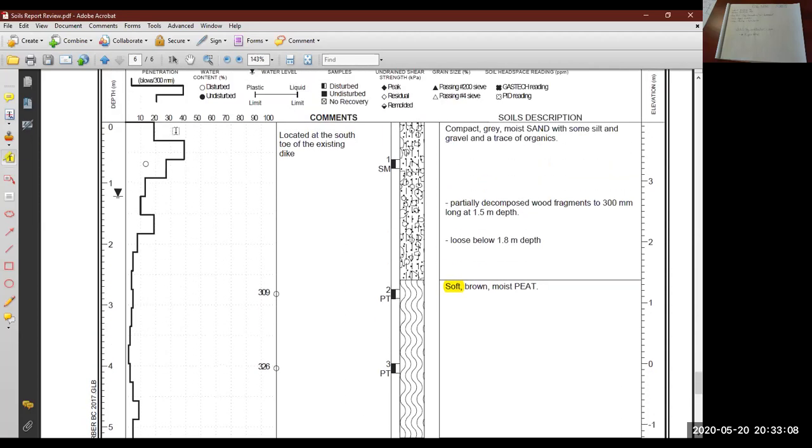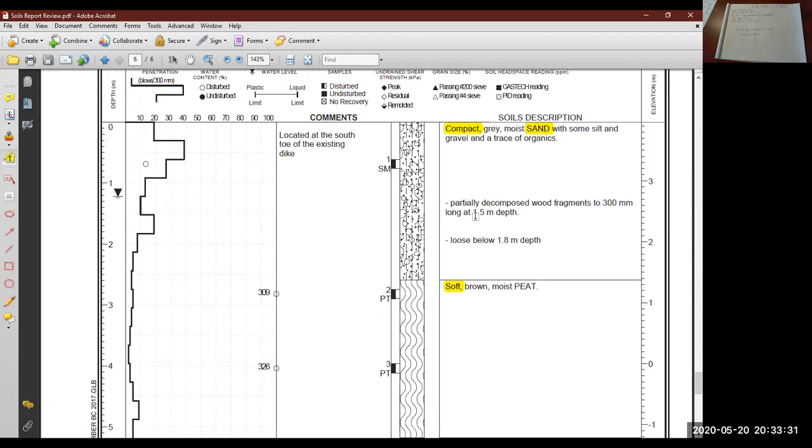Up here where we had the higher blow count of 30s and 40s, we have compact sand. So typically the word that's all capitalized, that's the highest content of the material in that section.